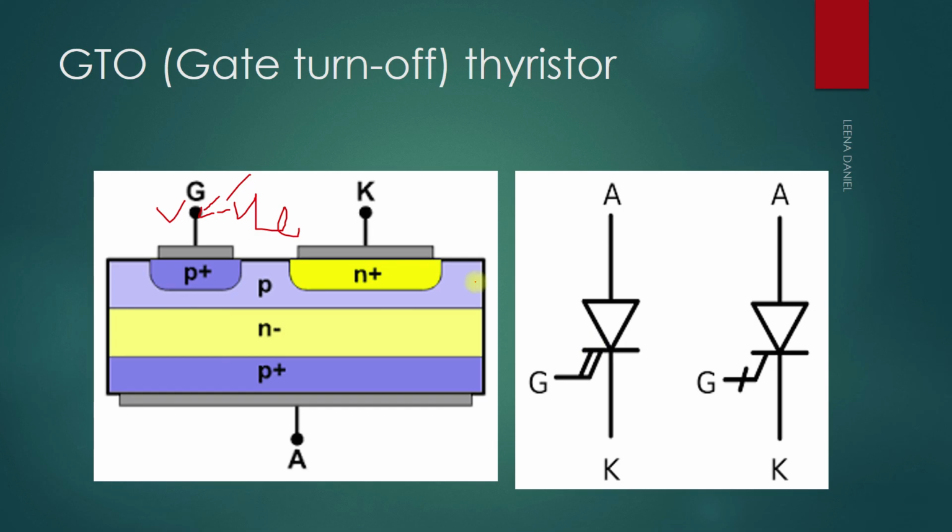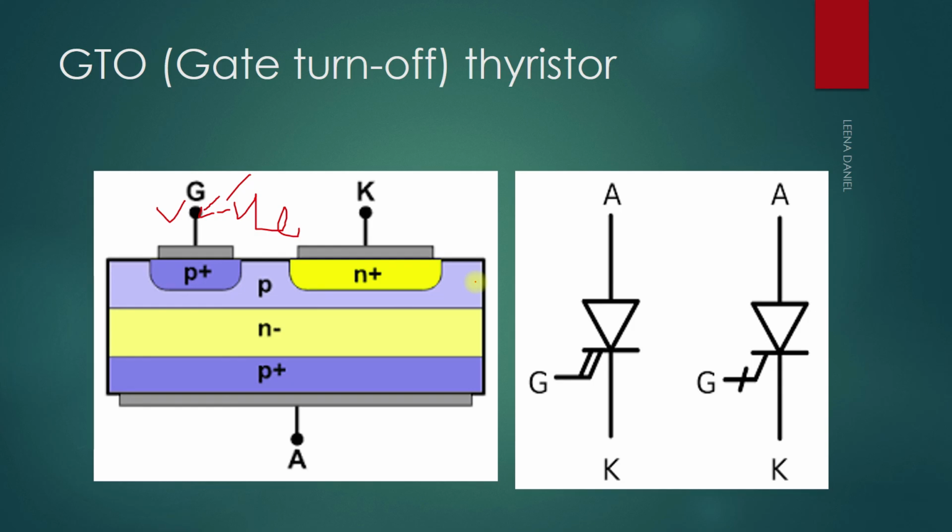Let's see a simple comparison between the thyristor and the GTO. GTO has some disadvantages as compared to the conventional thyristor: the magnitude of latching and holding current is more in GTO, but in thyristor it is less. The on state voltage drop and the losses in a GTO are more as compared to the thyristor.